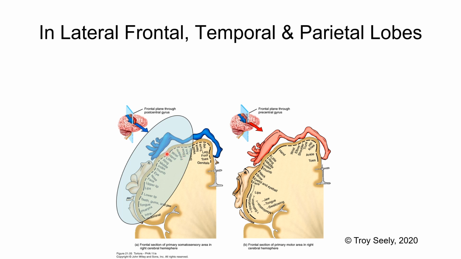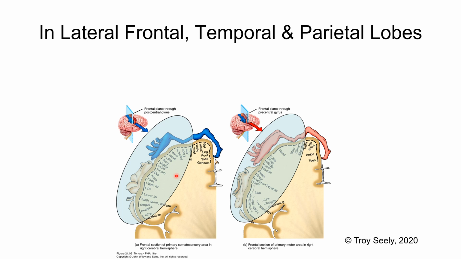While there can be some progression to include the lower extremity, even up to the hip, we're more likely to see the upper extremity as well as the face affected to a greater extent in both the sensory and motor presentations that we see in the brain.